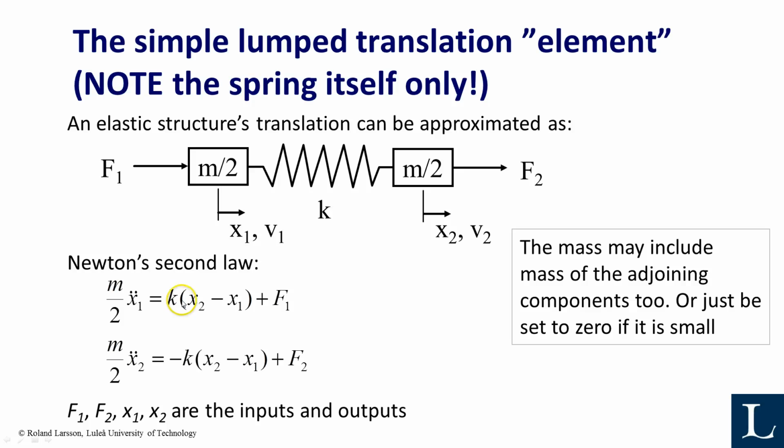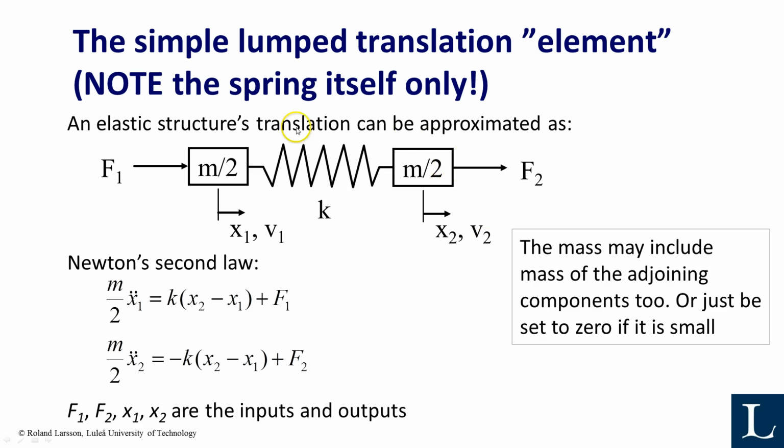And here I also assume that we have some forces that will be transmitted in some way. You do it for that mass and you do it for that mass. And again, F1, F2, X1, X2 are inputs and outputs, and you don't know which one is which until you have decided which way the flow goes through the system.